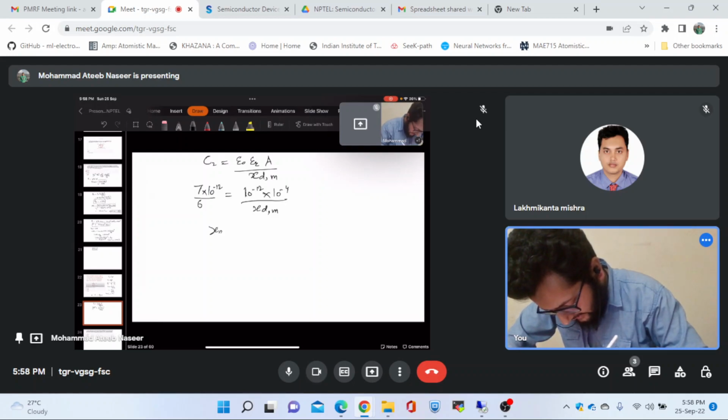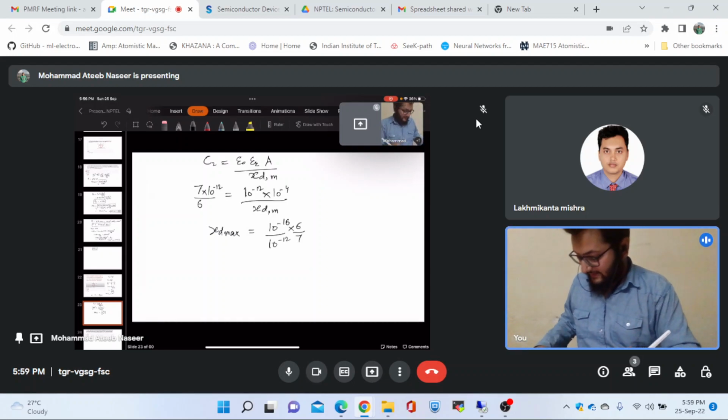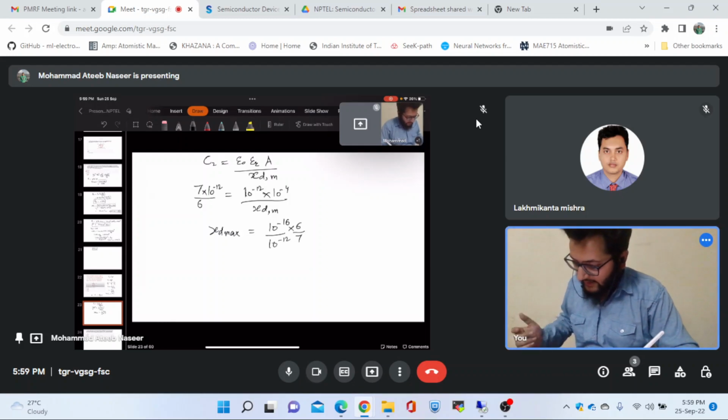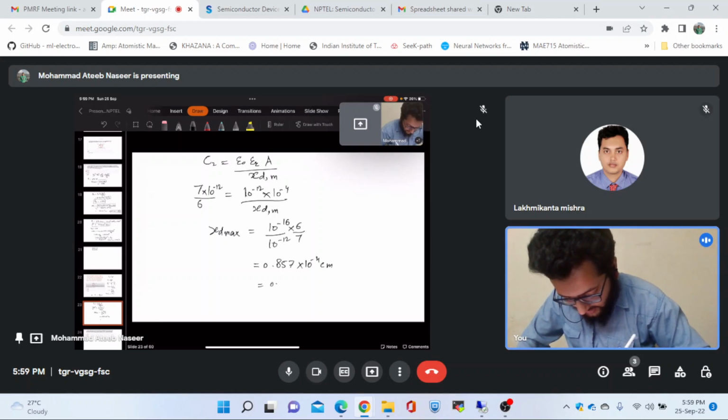So XD max is simply equal to 10 to the power minus 16 into 6 by 7 into 10 to the power of minus 12. 6 by 7 is simply 0.857. So it will be 0.857 into 10 raised to the power minus 4 centimeter, or in micrometer, 0.857 micrometers.